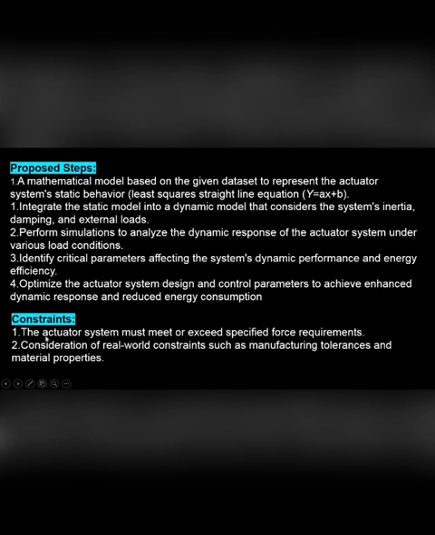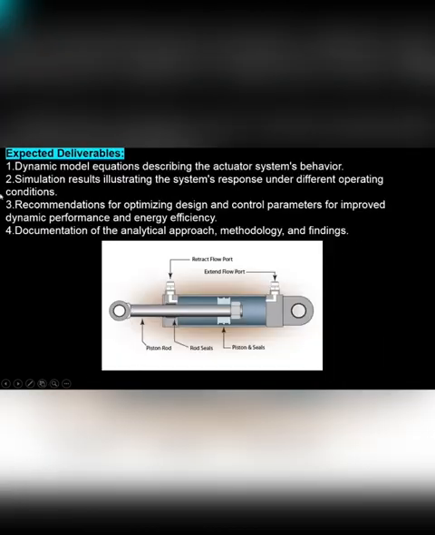Constraints: 1. The actuator system must meet or exceed specified force requirements. 2. Consideration of real-world constraints such as manufacturing tolerance and material properties. Expected deliverables: 1. Dynamic model equation describing the actuator system behavior. 2.